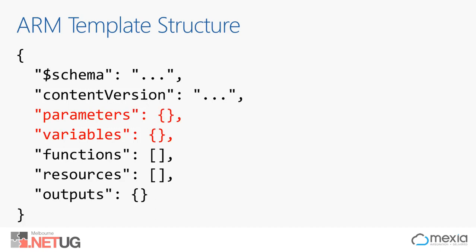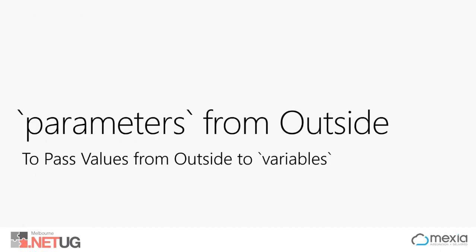Now, the relationship between parameters and variables: we should use parameters to pass values from outside. So the parameter section is only used for communication or interaction from outside. And these values from parameters should pass into the variables. So I would suggest not to use parameters directly in the resources section.